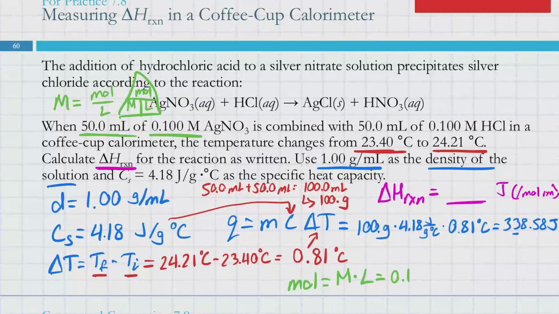The molarity is 0.100 big M. Our liters, we have to convert. I'm going to just assume that we can do that to save time. Molar times liters equals moles, so 0.1 times 0.05, 0.00500 moles.